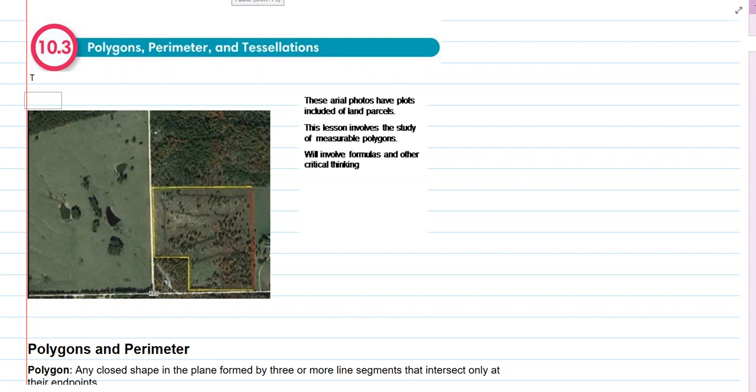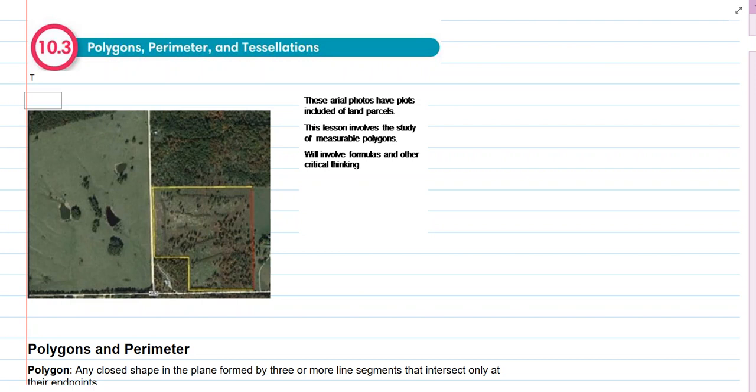Continuing on with our study of Chapter 10, which is a geometry chapter, and these are usable items in understanding how our earth measure works. So section 10.3 is polygons, which are closed shapes with vertices, perimeter, and tessellations, and that's a repeated design.